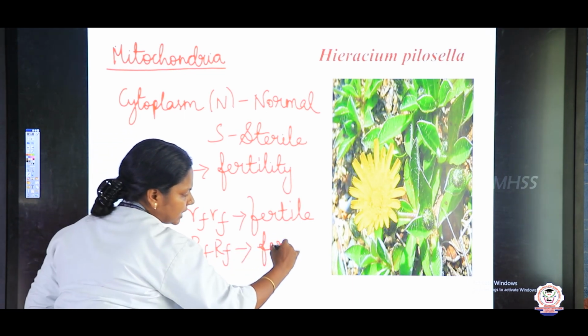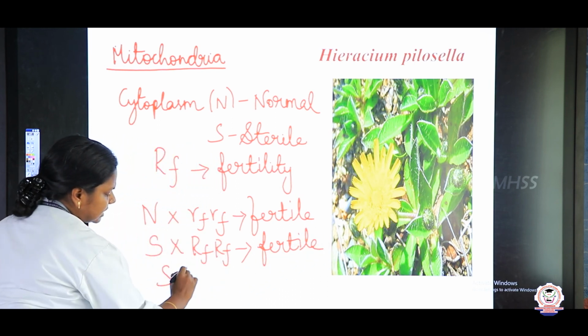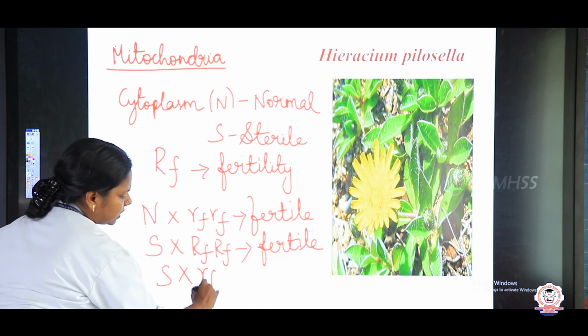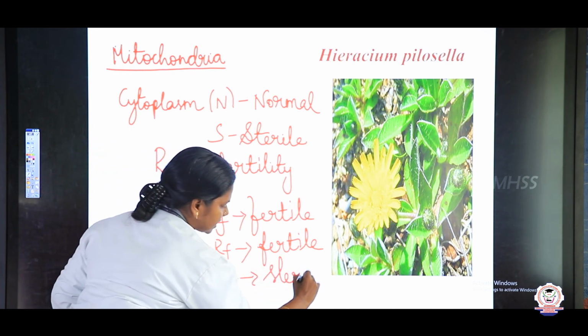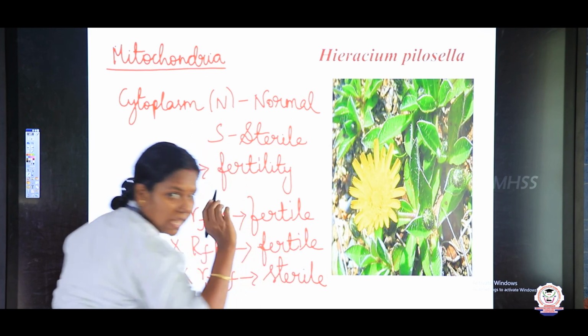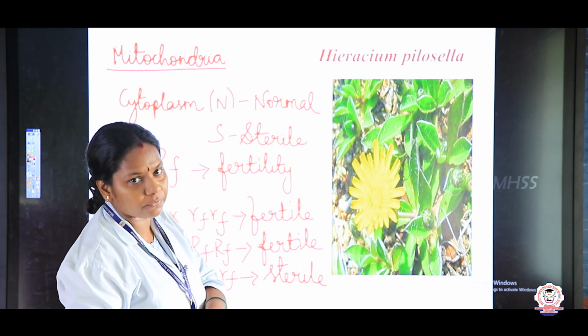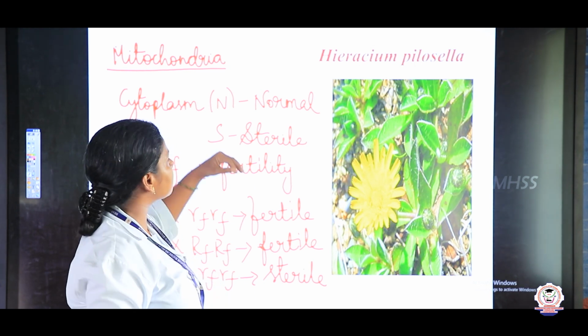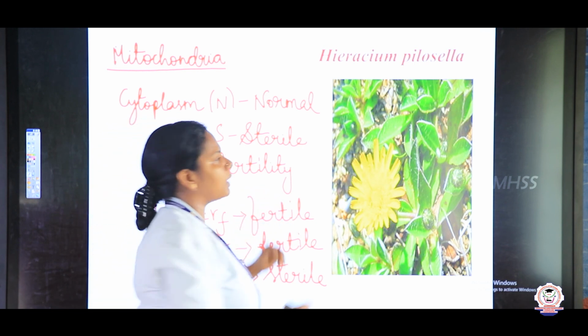Here also the plant is fertile, but when the S is crossed with the absence of fertility, the plant is said to be sterile. So this is an experiment to show that the mitochondria is also responsible for inheritance of the characters. So this comes under the cytoplasmic inheritance, and the last topic is atavism.